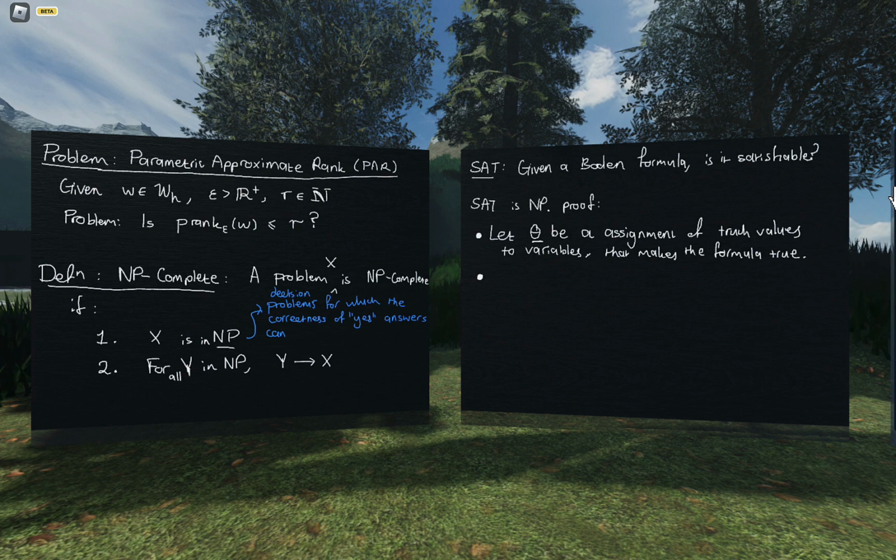Then there's the verifiability of the certificate. So I have this certificate. I need to be able to convince someone that the formula is satisfiable. So I give them the truth assignment, and then this certificate can be verified in polynomial time by evaluating the formula on theta, and verifying that it is a satisfying assignment.